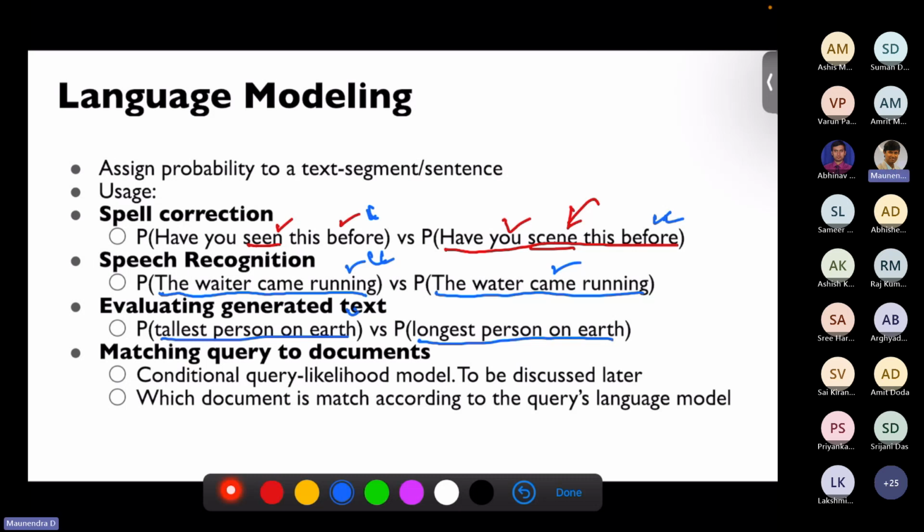Then we can also make use of language modeling for other tasks like matching queries to documents. For query to document matching, there are many different ways in which the matching score between query and document can be defined. One of those methods is called the query likelihood model.